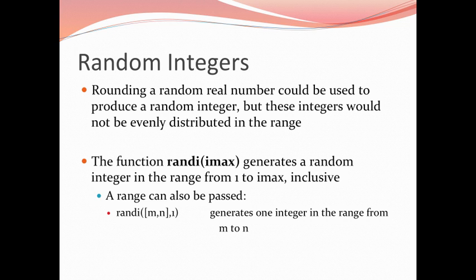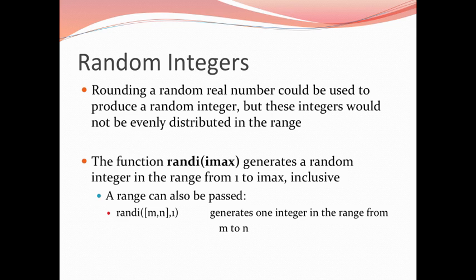To get a random integer, you could round a random real number, but these would not be evenly distributed in the range. So instead, we can use a built-in function called randi. There are several ways of calling the function. If you call randi and pass one argument, which is imax, it'll generate a random integer in the range from 1 to imax inclusive.